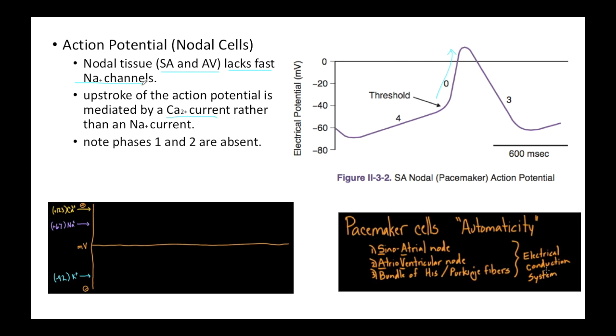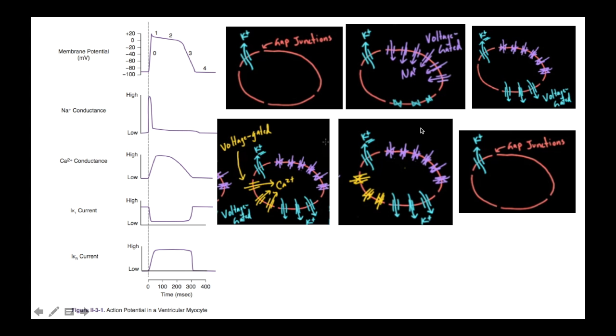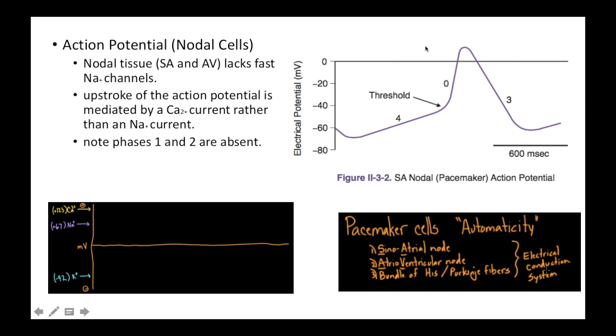And because we don't have these sodium channels, phase 1 and 2 are missing. So we have this weird phase 0, phase 3, phase 4 thing going on, named based off of our previous action potential, but no 1 and 2 without those sodium interactions.